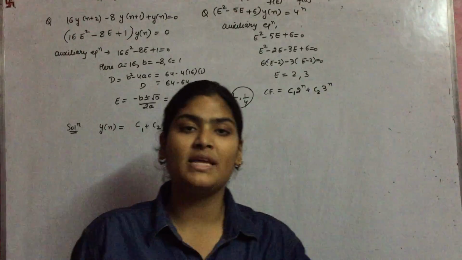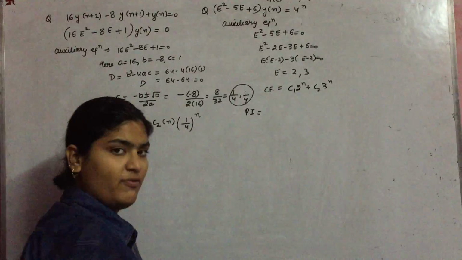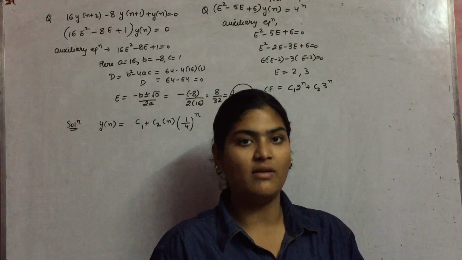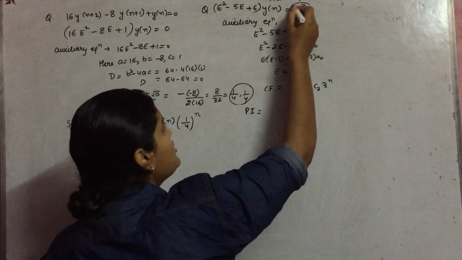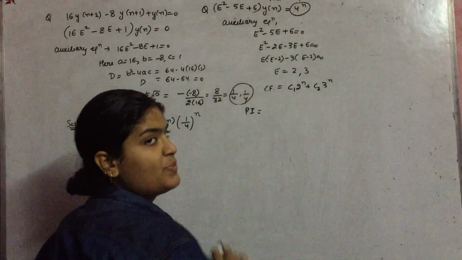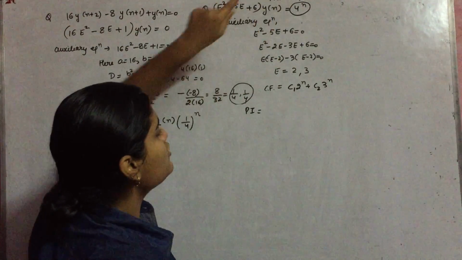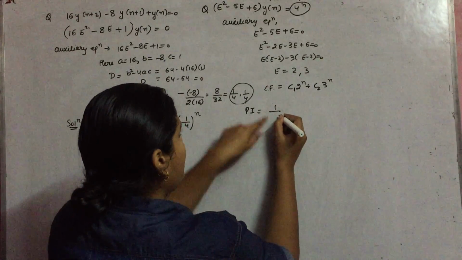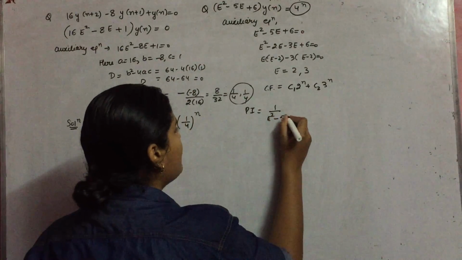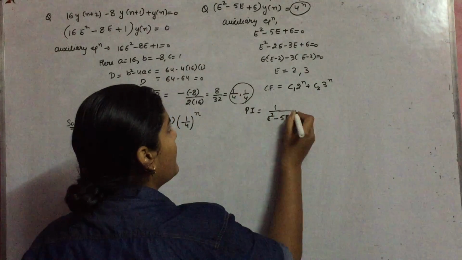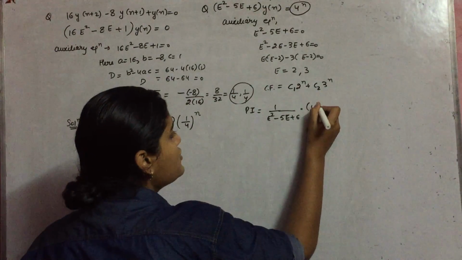Now come to the next point, which is the particular integral. For the particular integral, there are many formulas, depending on the situation you have on the right-hand side instead of 0. So you have here 4 raised to power n, which is in the form of a raised to power n. The formula for the particular integral is 1 by f(E) a raised to power n, where f(E) is your auxiliary equation, E square minus 5E plus 6, and a raised to power n is your RHS, that is 4 raised to power n.